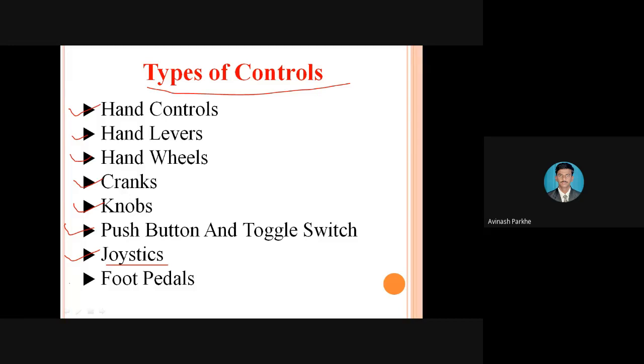And the last important thing is the foot pedals. Again, if we take the example of a four-wheeler, if I have to increase the speed, the accelerator is provided. If I have to decrease the speed, the brake is provided. If I have to change the gear, we apply pressure on the clutch, and then we increase the speed. That means foot pedals also play a very important role.